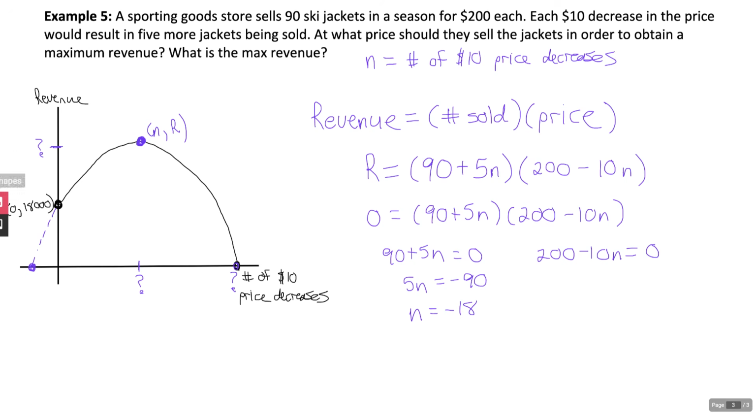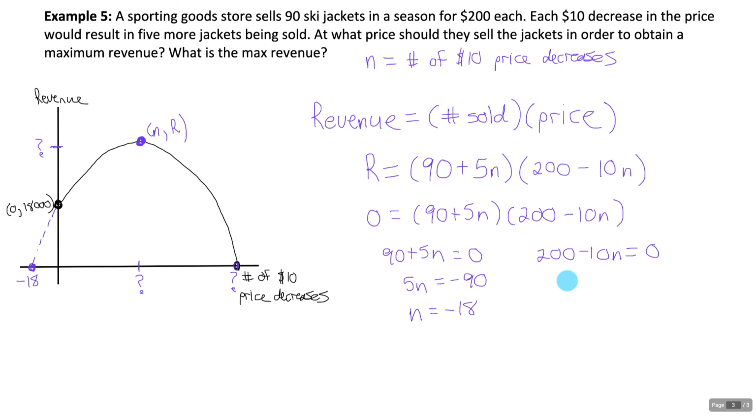So this diagram is definitely not to scale, but I know this n value, negative 18, is a place where the revenue is 0. In this case, a negative n value, decreasing the price negative 18 times, I guess that would mean increasing the price by $10 18 times. So they could increase the price by $10 18 times, and that would end up making them sell 0 jackets, so the revenue would be 0.